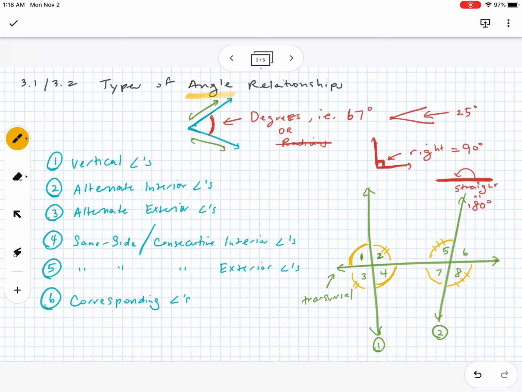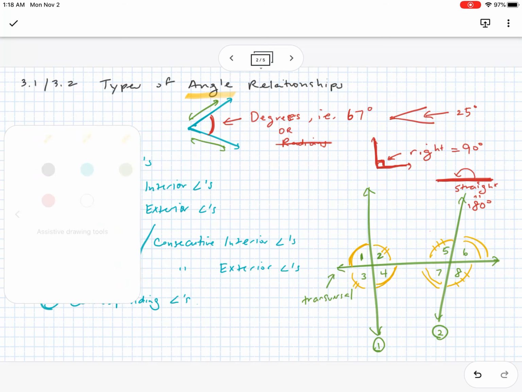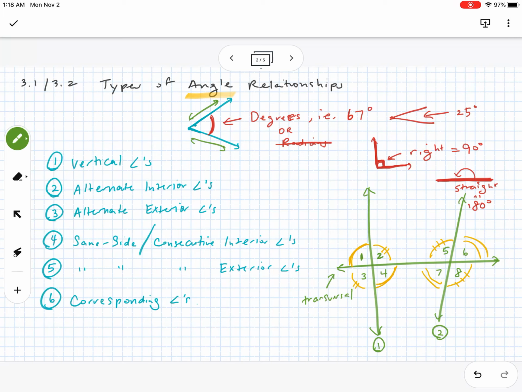Or like angle 5 with angle 8. Or like angle 7 with angle 6. Okay, so what are vertical angles? They're the angles that are right across from each other. And so an example of this would be like angle 2 and angle 3. Okay?